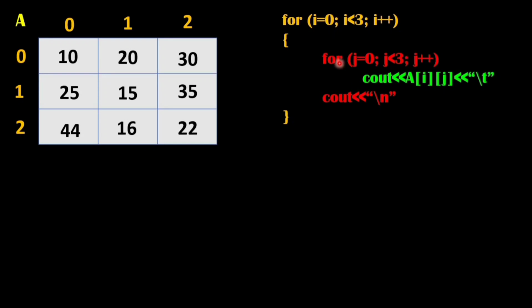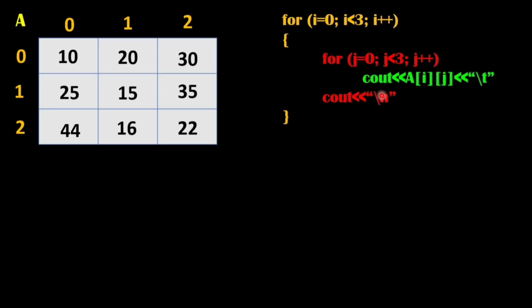Inside the second for loop we have only one statement, that is cout a[i][j] slash t. We already learned this statement, cout a of i slash t, in the previous topic. I will explain why we are using slash n here when I am tracing the first for loop.